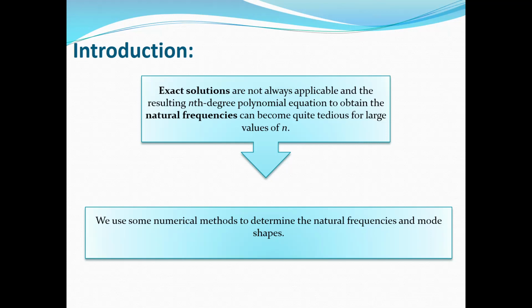Of course, this is only an approximation in systems with multi-degree of freedom, and we use this approximation to find a minimum value for the fundamental natural frequency, or the first natural frequency, in our system.